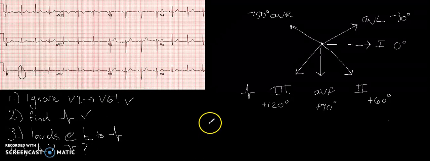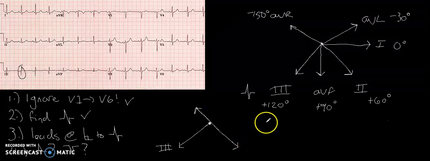So if I just draw in these leads in isolation down here, lead 3, and then we ask ourselves on the diagram, what leads run at 90 degrees to lead 3? It's lead 2 and lead AVR.